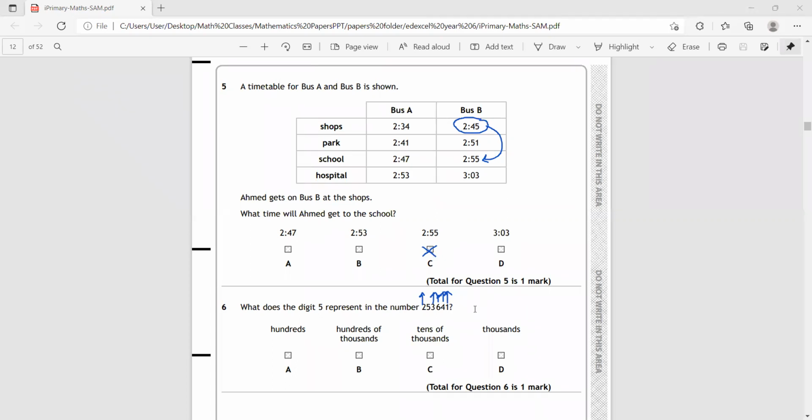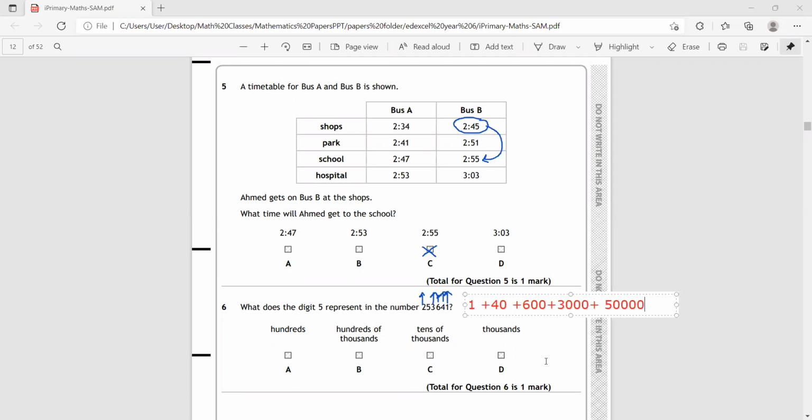If I write my values, I get 1 plus 40 because of the tens place, plus 600, plus 3,000, plus 50,000.